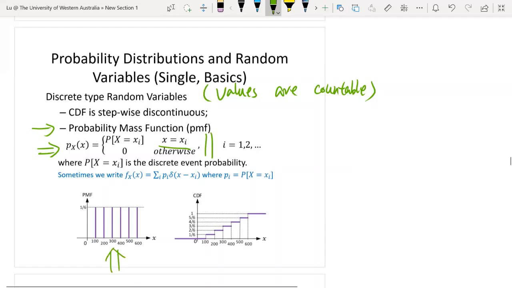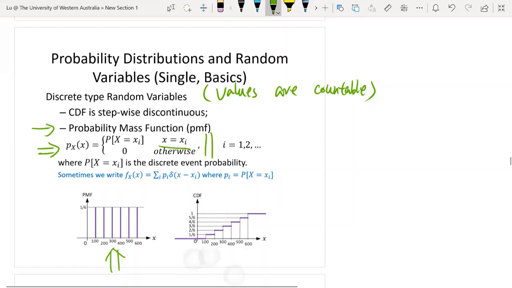This example is coming again from that rolling dice game. The horizontal axis is indicating the possible values of the random variable. We mentioned the bonus money, $100, $200, again, until reaching $600. They are used as the countable values of the random variable.